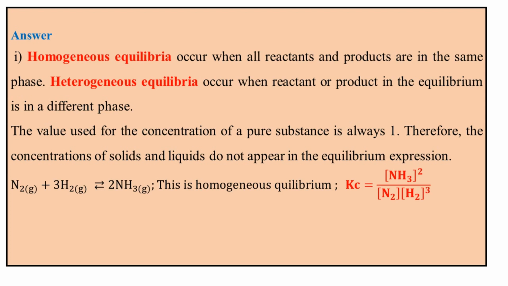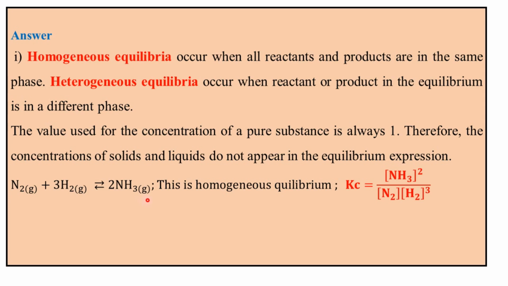Here we have a reaction in which nitrogen, which is a gas, is a reactant. We also have hydrogen, which is also in the gas phase. So that means the reactants are in the gas phase. Let's see the product.